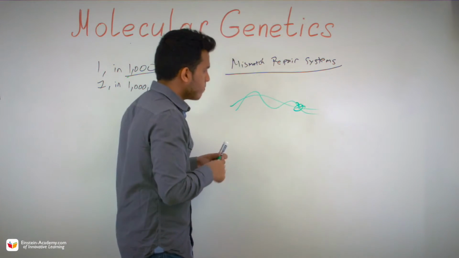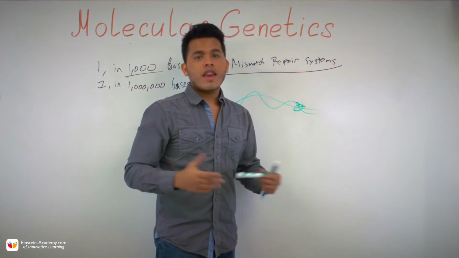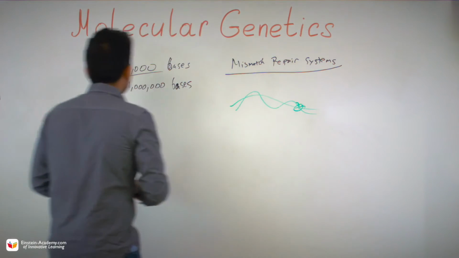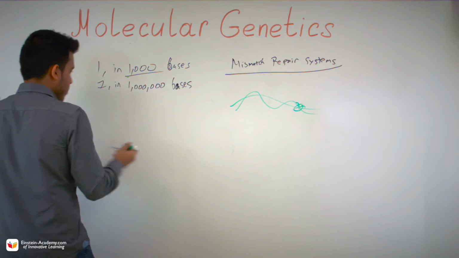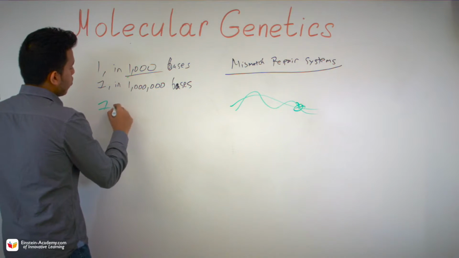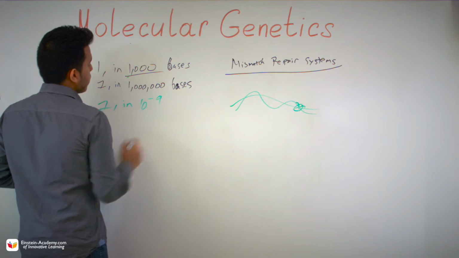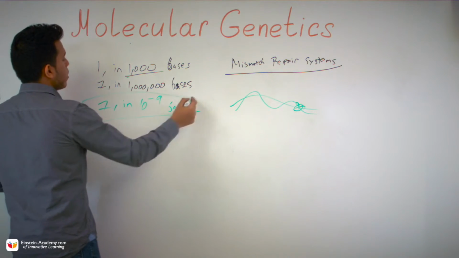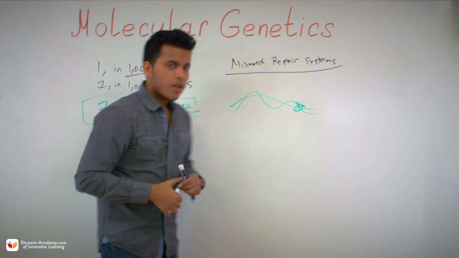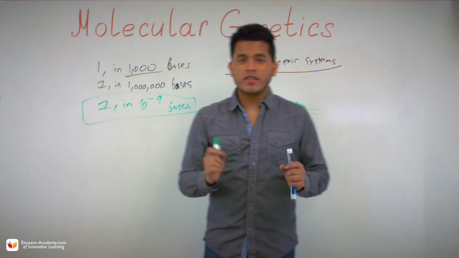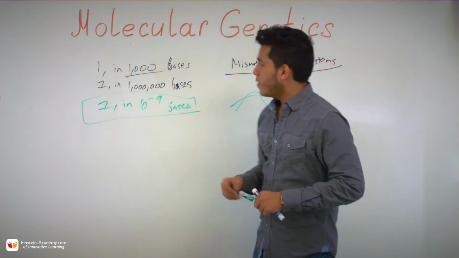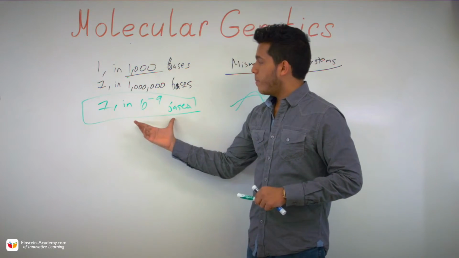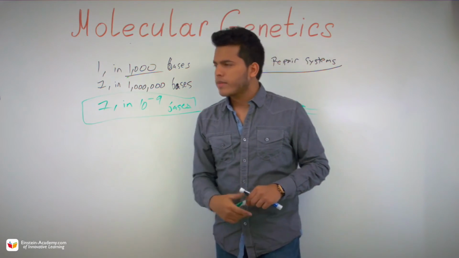And what happens? They repair it. And now we've basically limited this to 1 in 10 to the negative 9th bases, which is basically 1 error per genome. Now that is very, very impressive. We've made this process very accurate.